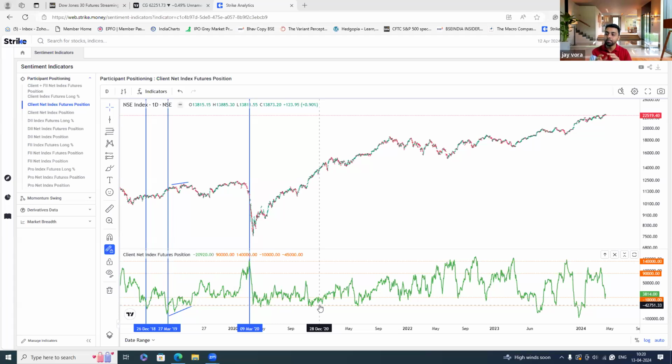You understand from this perspective that if the clients are short, someone else is long, correct? Because this is a zero sum game. And there is a certain mindset that these players have. Like I told you, clients usually keep buying when the market falls, and they keep selling when the market rises higher, right?